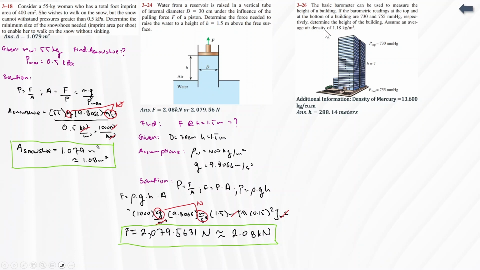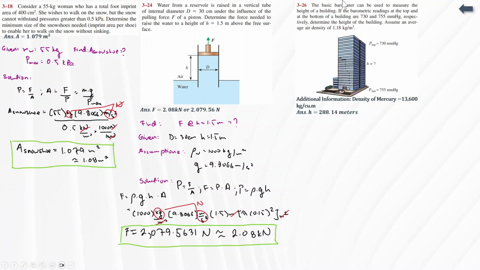About here, we have the basic barometer reading. A basic barometer can be used to measure the height of a building, and most barometers use mercury because it's much more accurate and much more practical than water.